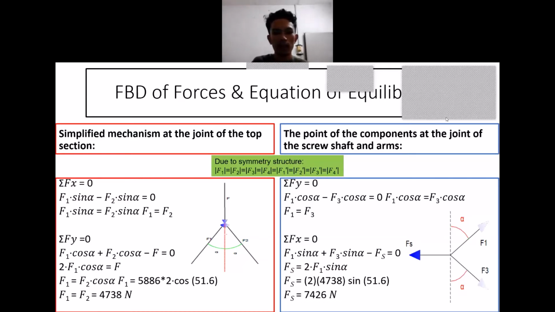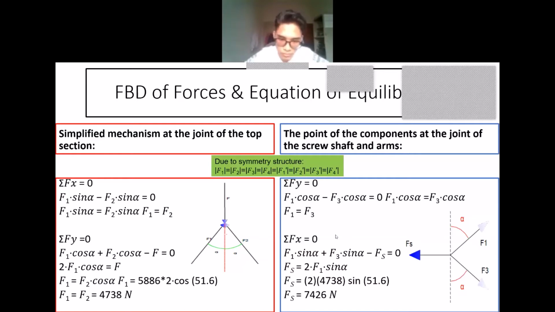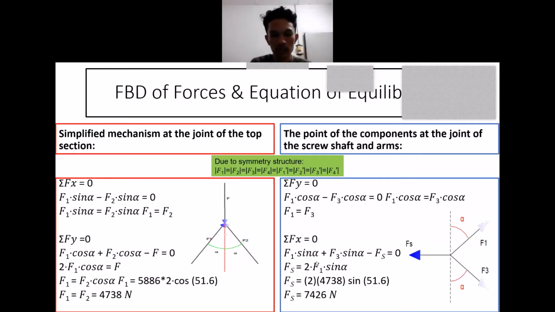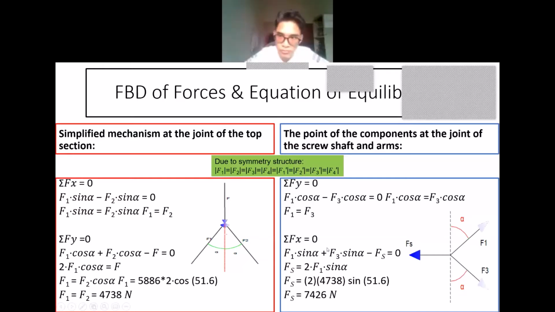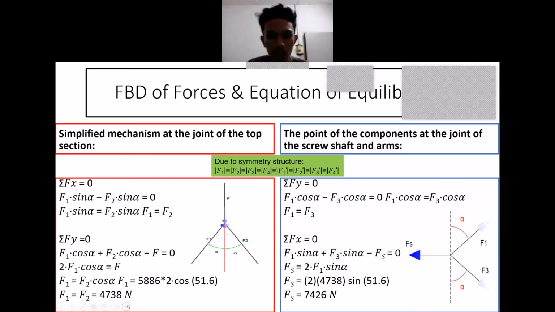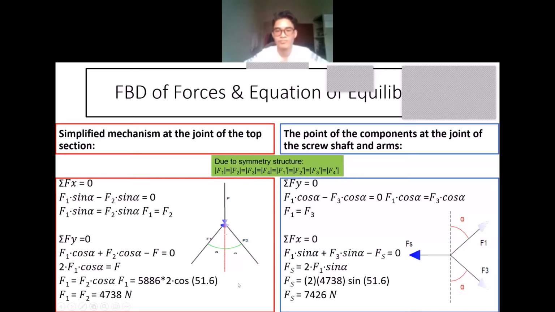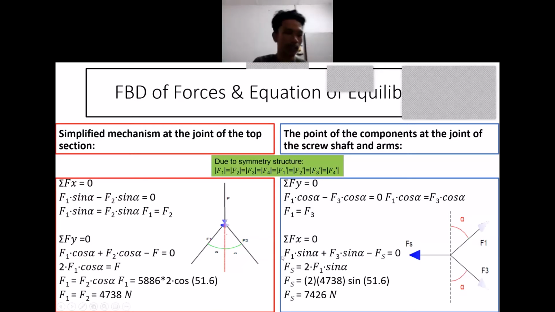Then Fs equal to 2 times 4738 that we got from Figure 4, times sine 51.6. So the Fs is 746.